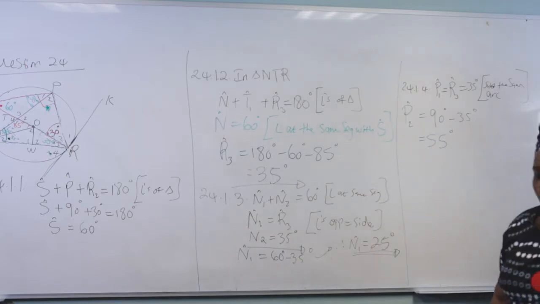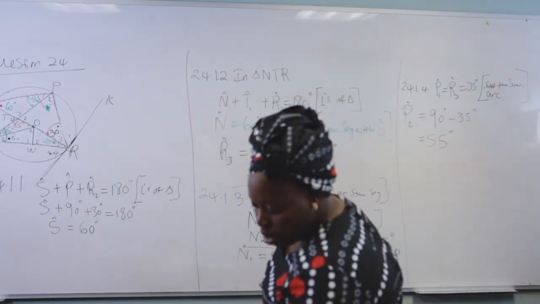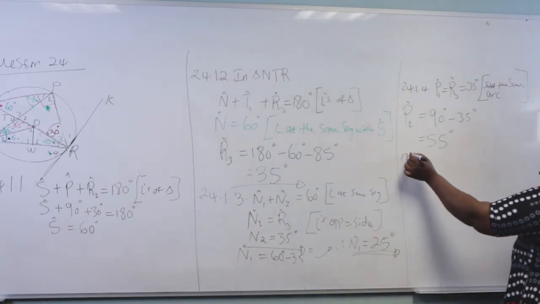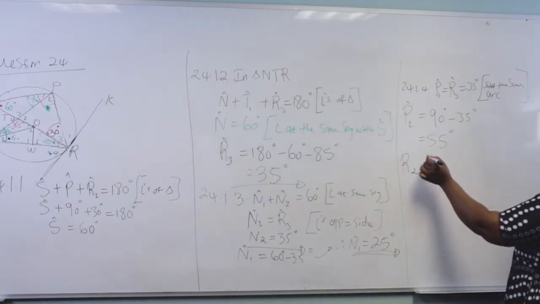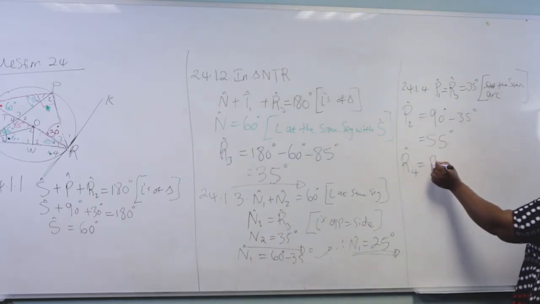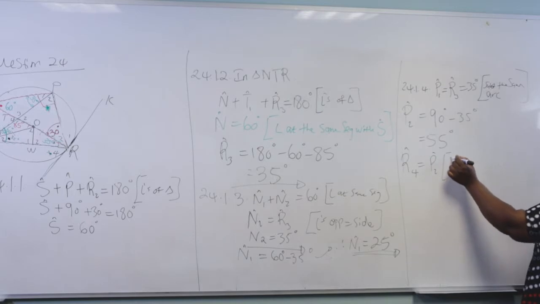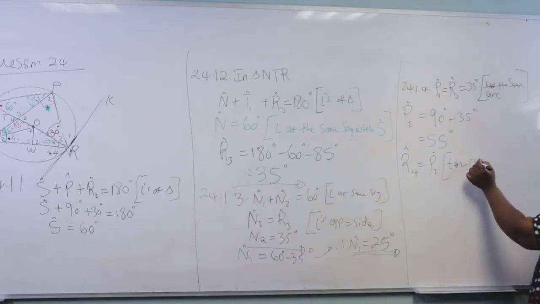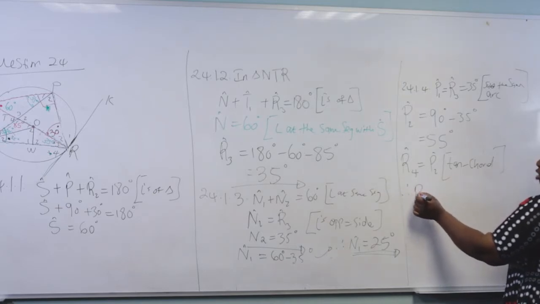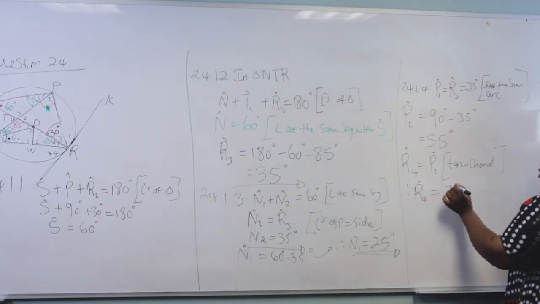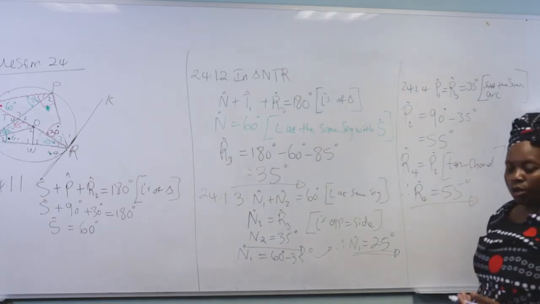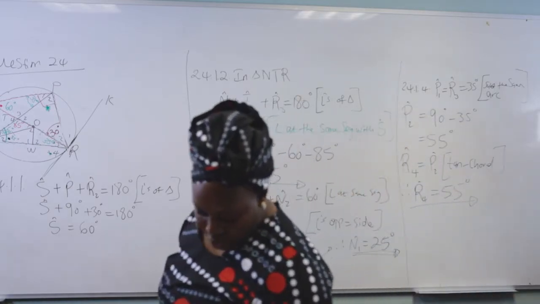Meaning that P2 is going to be equals to 55. So we'll say R4 is equals to P2, and your reason will be tan chord theorem. Therefore, R4 is also equals to 55 degrees. And in that way, you have answered that question.